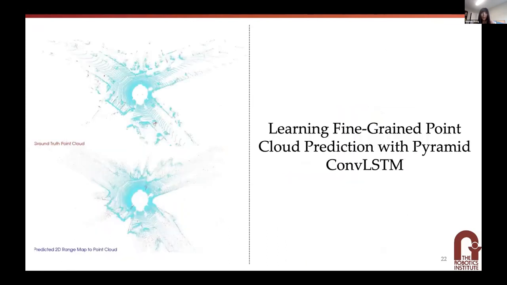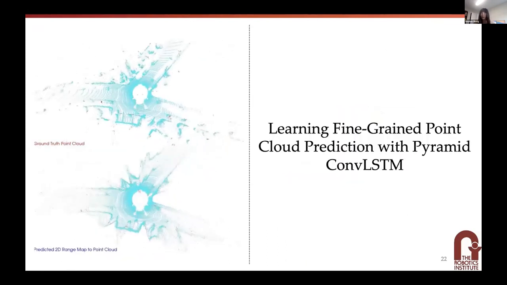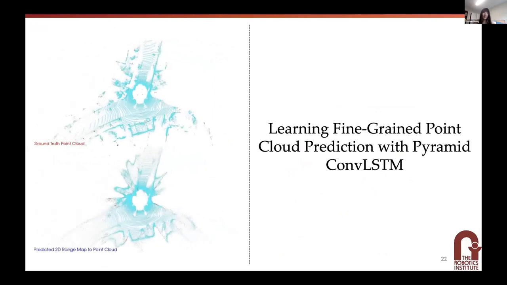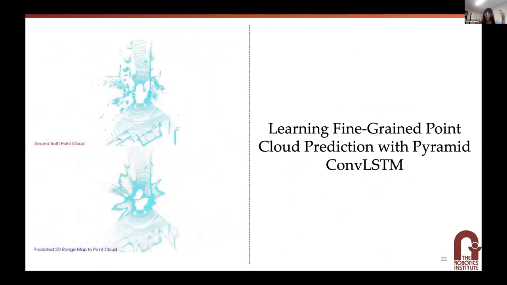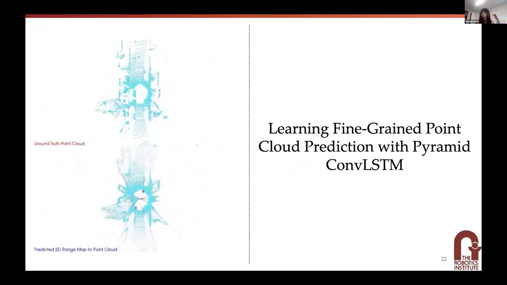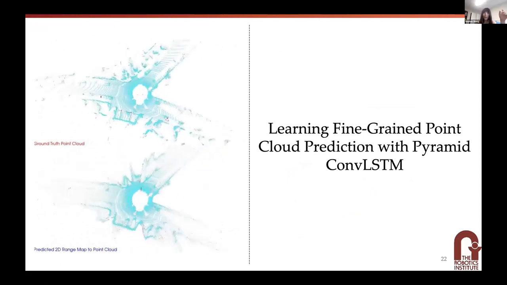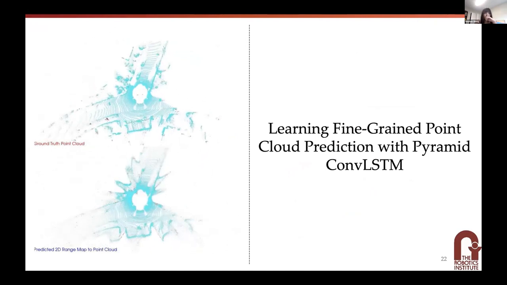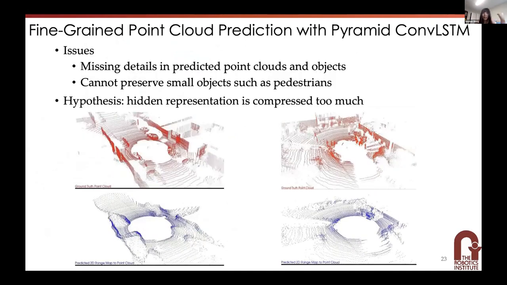Okay. So to solve this problem, to some extent, we are developing a newer algorithm, which we call learning fine-grained point cloud prediction with pyramid LSTM, or pyramid ConvLSTM. If we think about this problem, maybe the simplest hypothesis is that we are compressing the hidden representation too much, right?